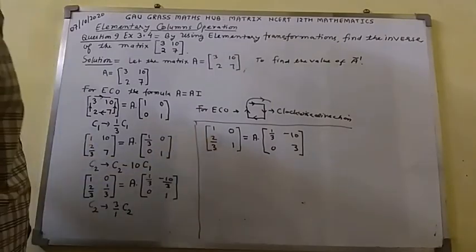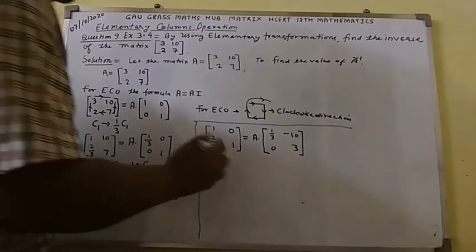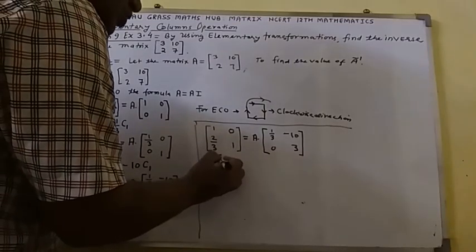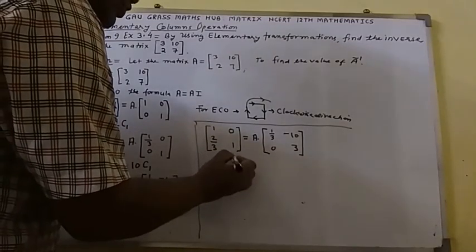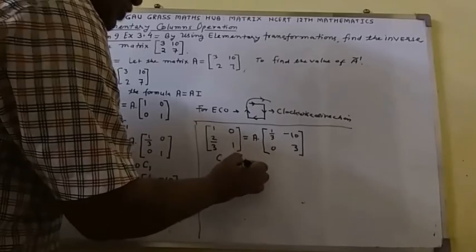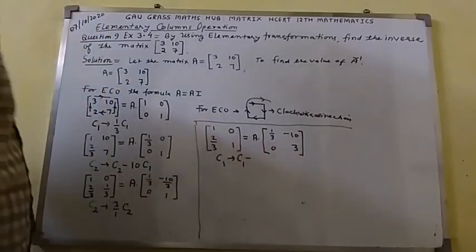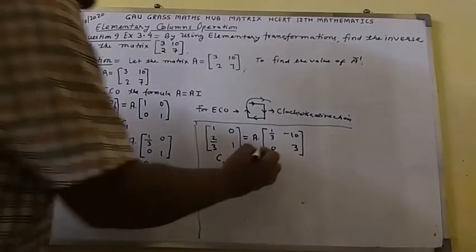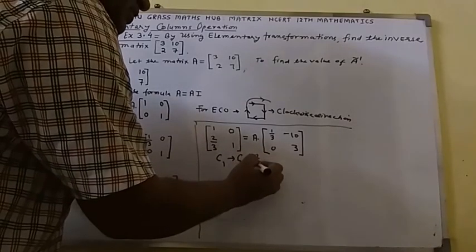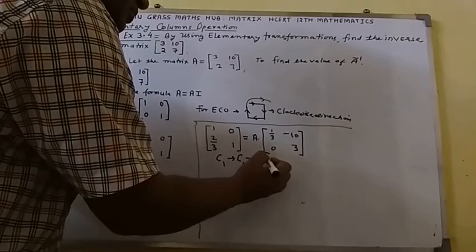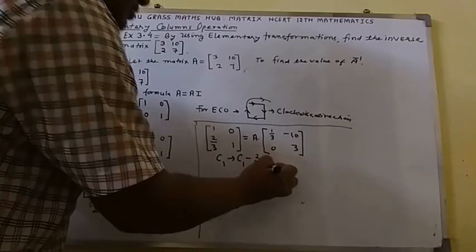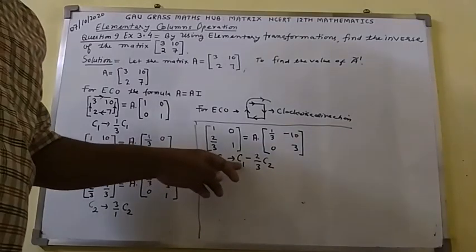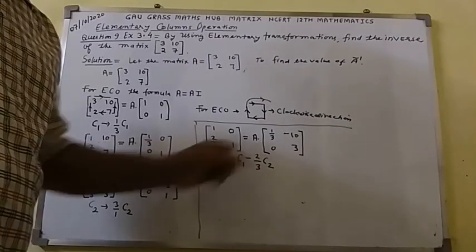What property will we apply in order to make 0 here? Here this is C1. So I shall write C1 goes to C1 minus 2/3 C2. If you apply this property, C1 goes to C1 minus 2/3 C2.